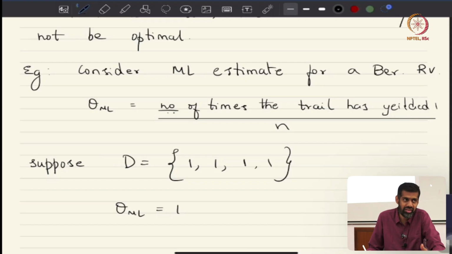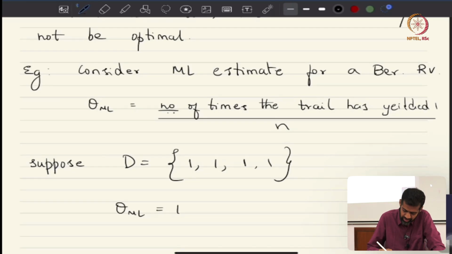But this ML estimate is telling you that the underlying random experiment has a coin that has both of its sides the same. Now, suppose we know the fact that this is not a coin with both sides the same, how do we incorporate that knowledge into the estimation technique is the question.